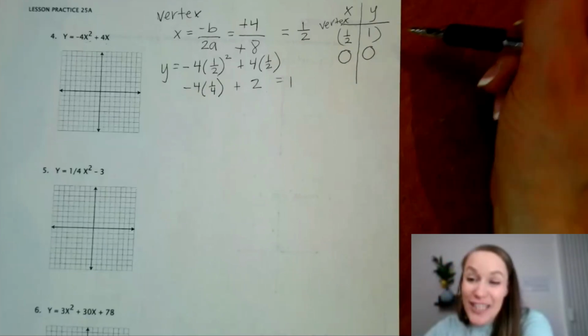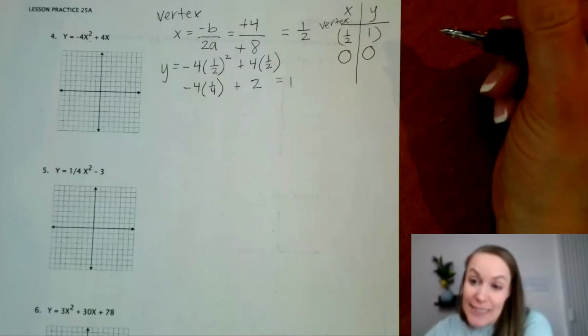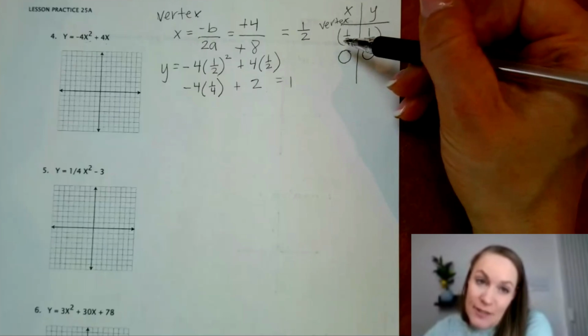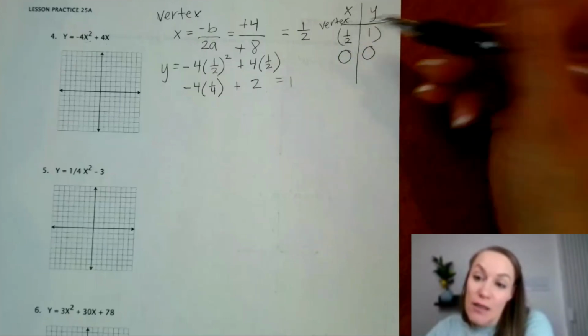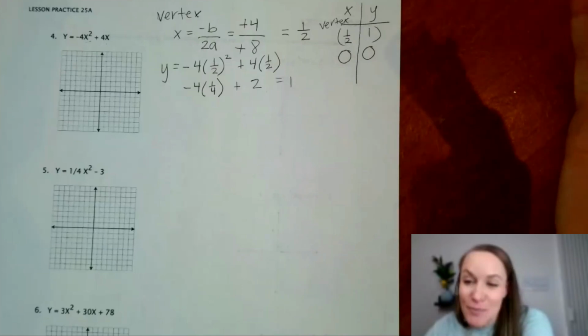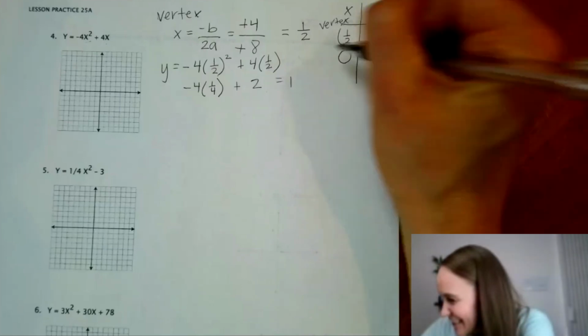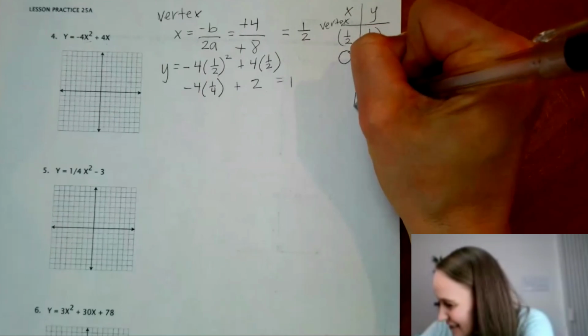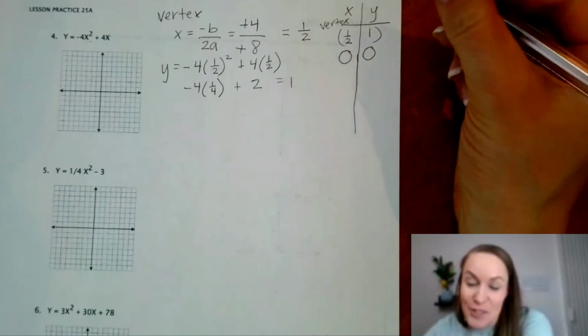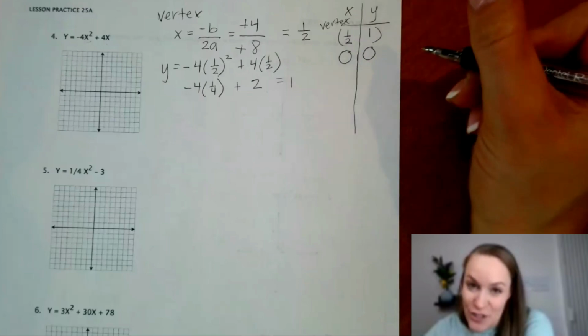And here I really can't do my equidistant thing because of this 1/2. I would have to be dealing with a lot of fractions, and that's actually not making my life easier. So I'm just going to plug in some nice, easy numbers just to see how we're going to sketch this graph.